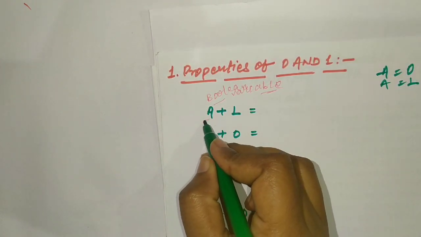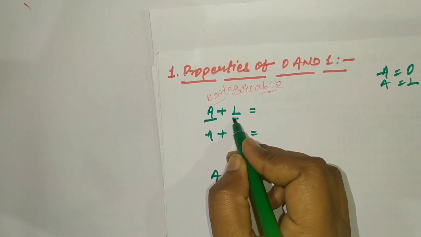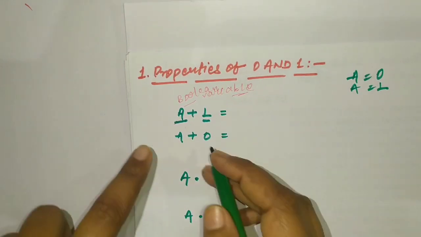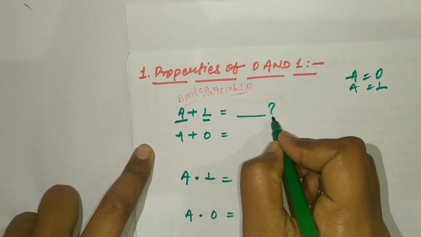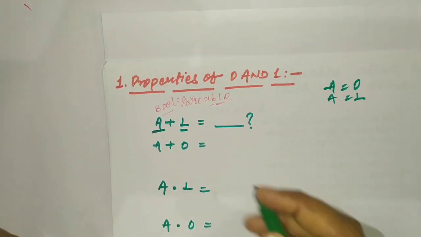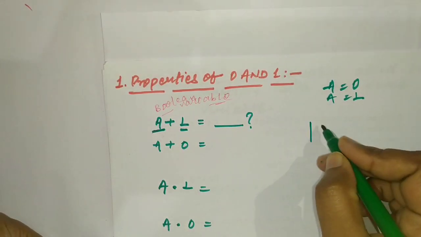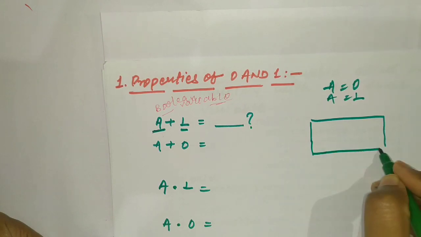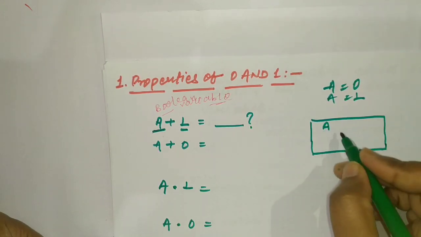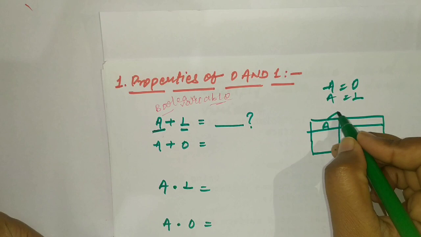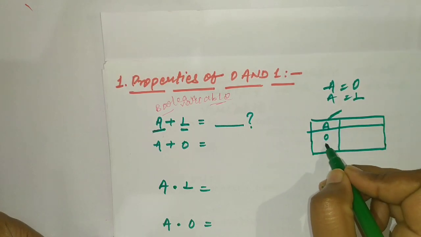So if we add 1 to any variable, what is the output? Let's solve this question. We draw a truth table. Here a is one variable, so the input is 0 or 1.